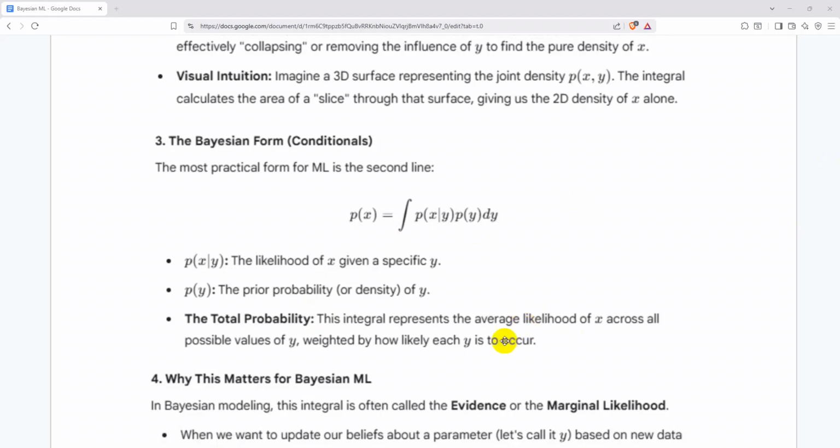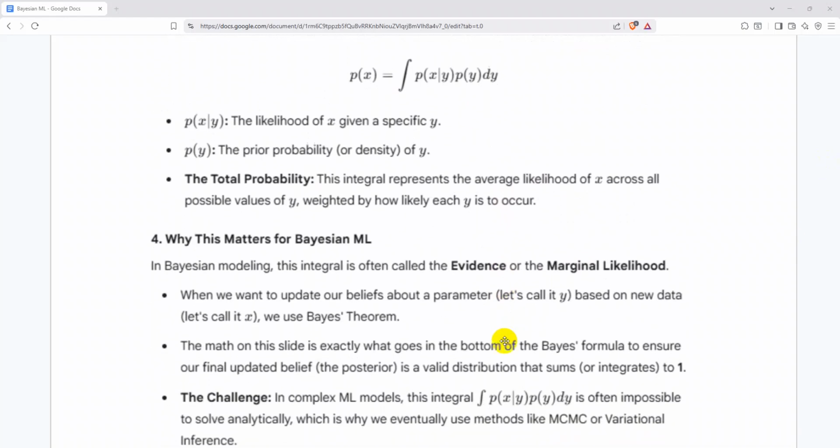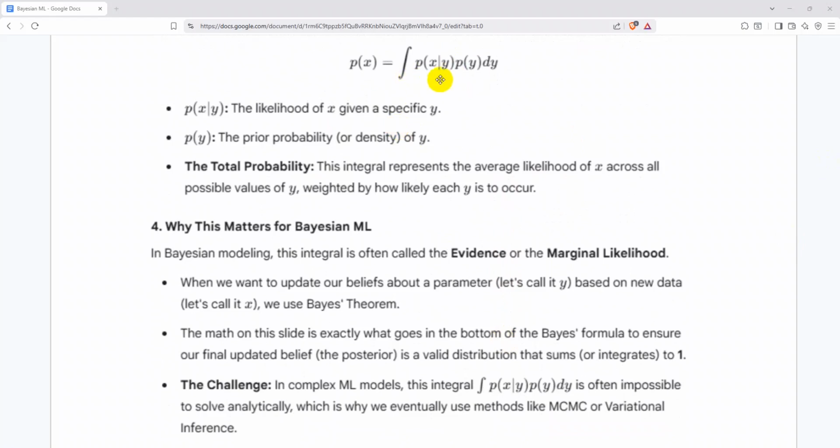Now, why does this matter in Bayesian machine learning? Because this particular term here is what we call the evidence or the marginal likelihood. And this is the denominator in Bayes' theorem. Whenever we update our belief about a parameter y based on observed data x, this is the term that ensures everything is properly marginalized.